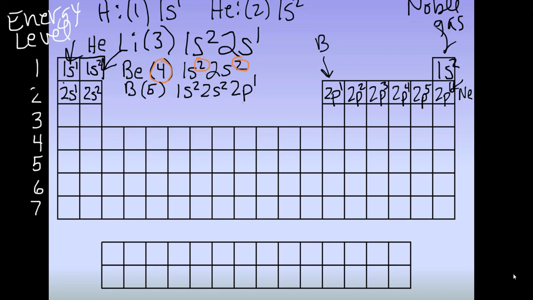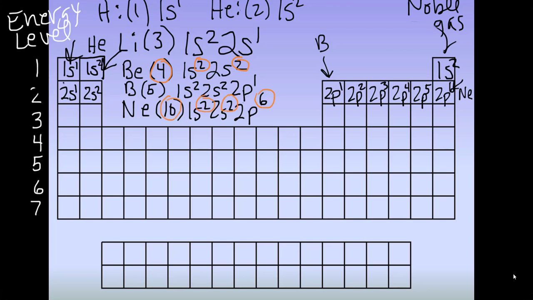So let's go ahead and write neon's address for all its electrons. So it would be 1s2, 2s2, 2p, and I have all of them, so 6. Okay, so there's neon with 10 electrons. And you can see those 10 electrons because 6 plus 2 plus 2 equals 10.